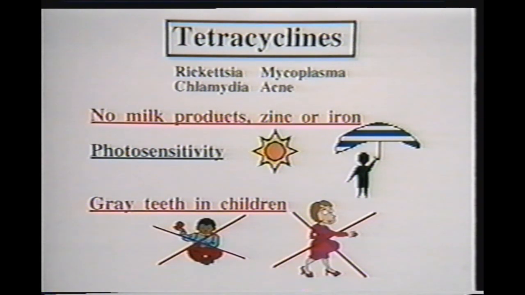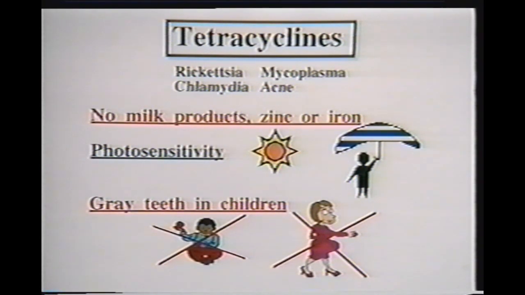People who are taking tetracyclines are very sensitive to sunlight, and this is a favorite type of question. So they need to cover themselves up when they're going out in the sunshine when they're taking tetracycline. And the other major side effect that we need to know about tetracycline is what we call gray tooth syndrome.